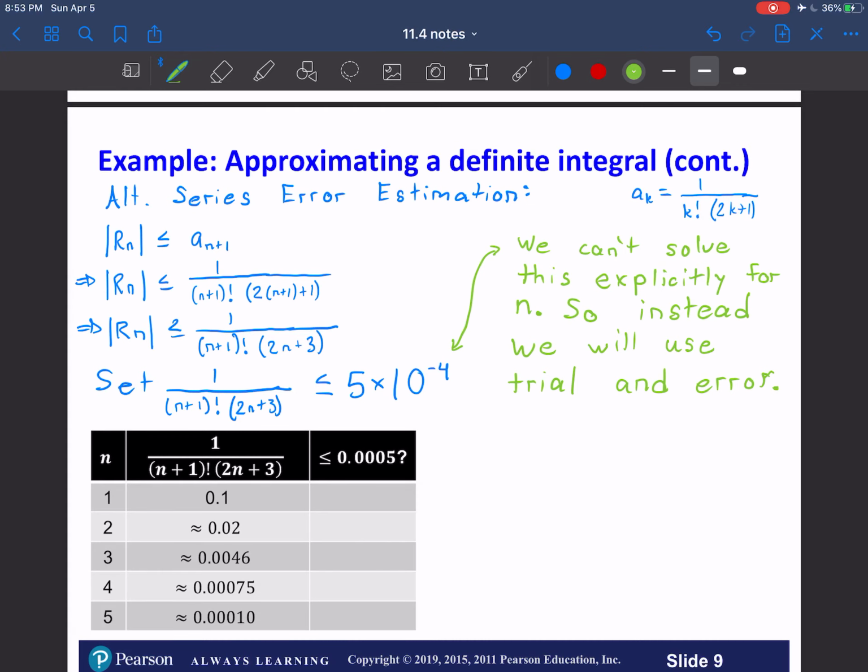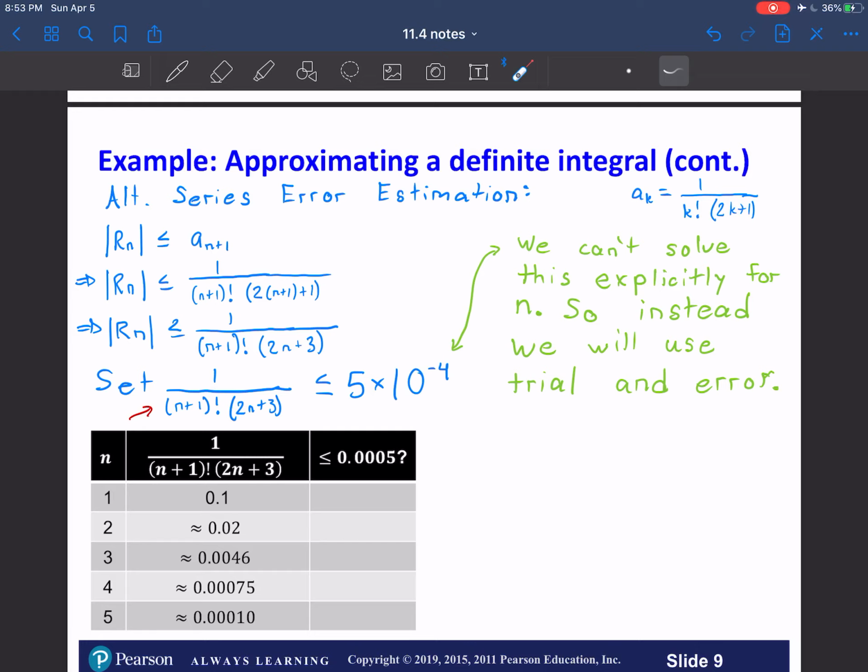If we plug in 1 into this thing, then we will end up with a value of 0.1. So we would have 1 over 2 factorial times 5, and if we multiply that out, we would end up with just 1/10, which is 0.1.